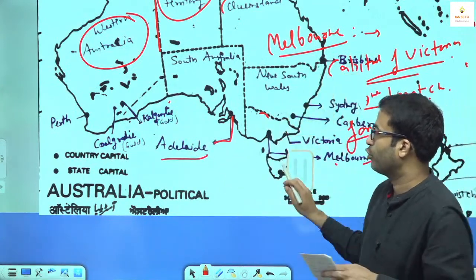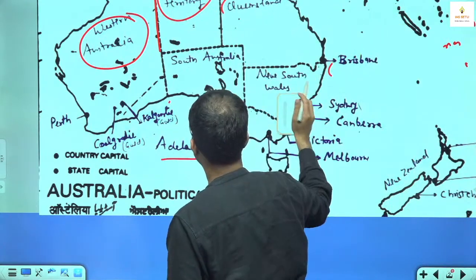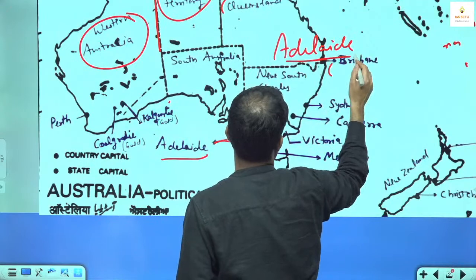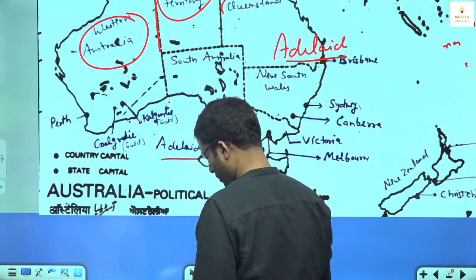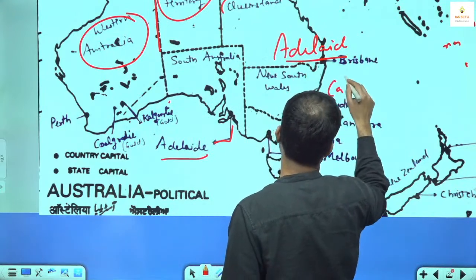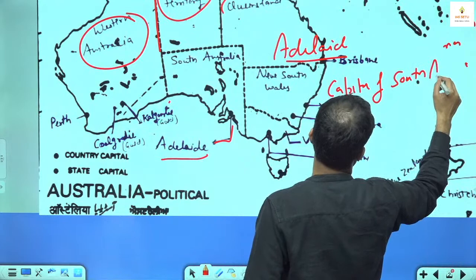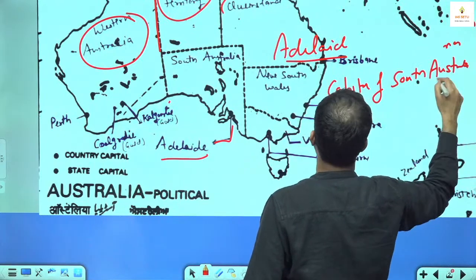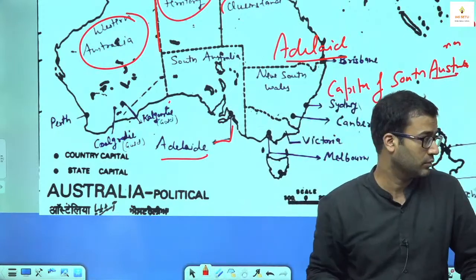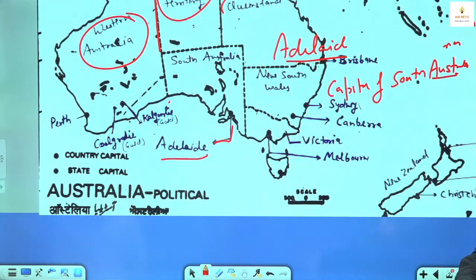So the next important city is Adelaide. It is the capital of South Australia.